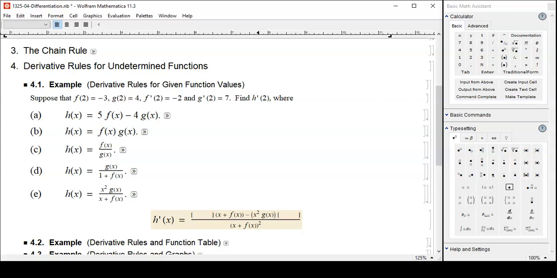What do you have here and also there? Well, that's the derivative of the numerator, and the numerator is x squared times g of x, so that's another product rule. 2x g of x plus x squared g prime of x.